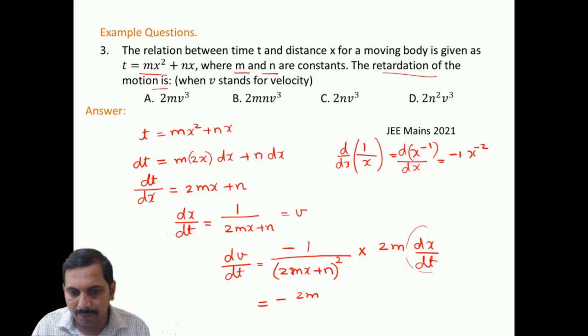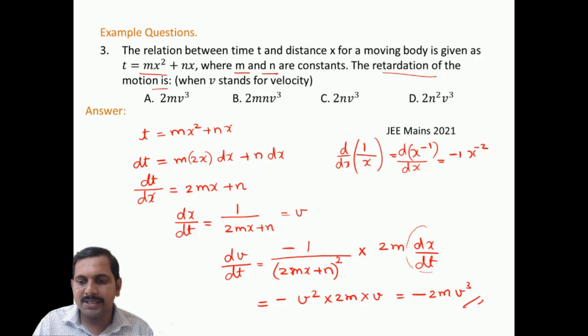So 1 by this squared will be v square, into 2m, plus dx by dt is also velocity. So this comes as minus 2mv cube is the answer. So the answer would be A, which is 2mv cube.